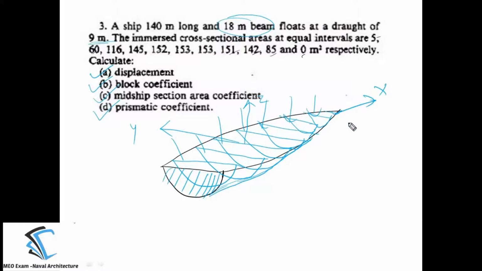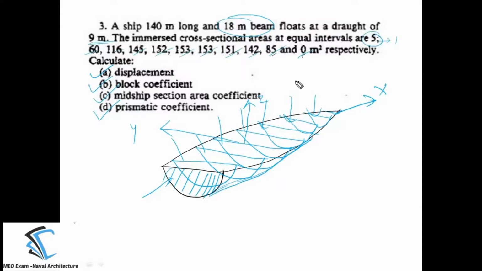Let's draw the diagram of the ship showing the cross-sectional areas. You can see there are multiple cross-sectional areas shown here. The hatching part which I have shown is the cross-sectional area. Like this you have around 11 cross-sectional areas.